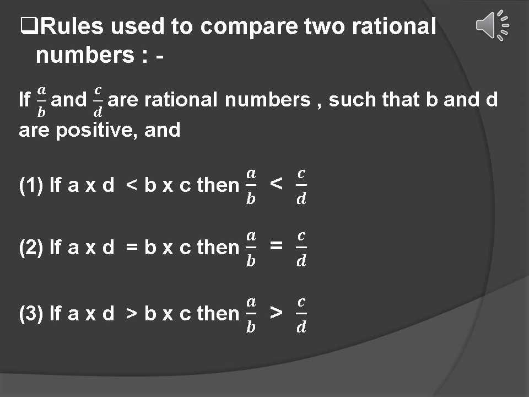If A upon B and C by D are rational numbers such that B and D are positive, then first, if A multiplied by D is less than B multiplied by C, then A upon B is less than C upon D. Second rule, if A multiplied by D is equal to B multiplied by C, then A upon B is equal to C upon D. Third rule, if A multiplied by D is greater than B multiplied by C, then A upon B is greater than C upon D.